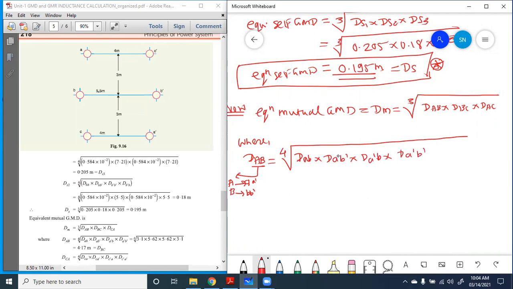So mutual GMD is related with the distance between the different conductors of the two lines.